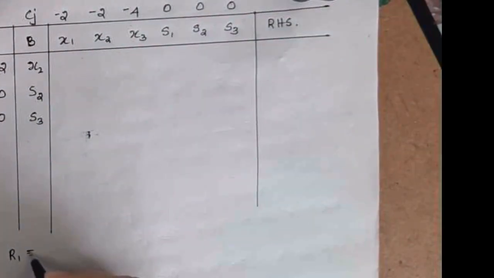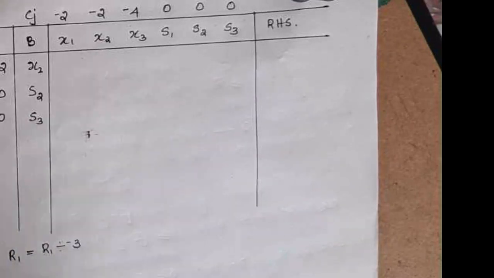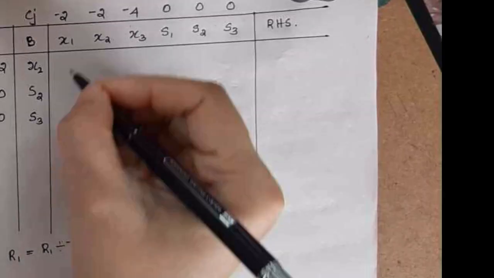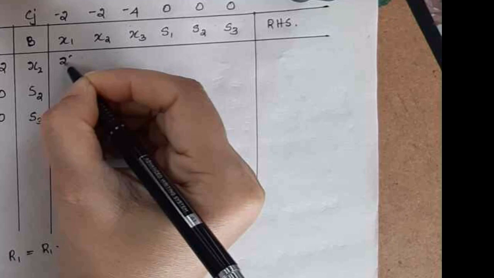is equal to old row 1 divided by -3. In old row 1, if you check out and see, you will find -2. This will be -2 by -3, that is 2 by 3.